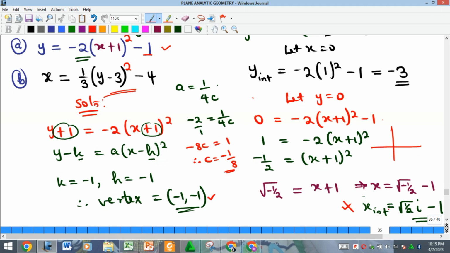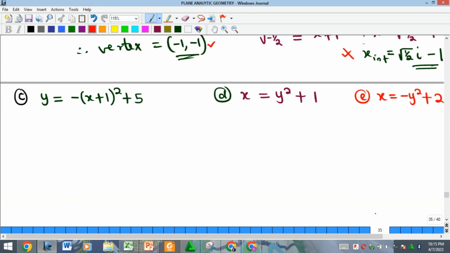So since it's leading us to complex numbers, we didn't even need to go there. The parabola did not intercept the x-axis. It only intercepted the y-axis.